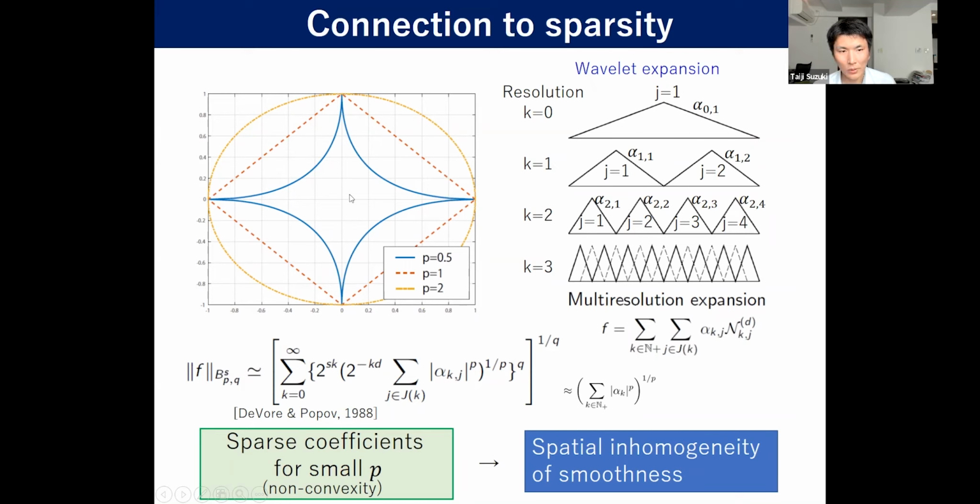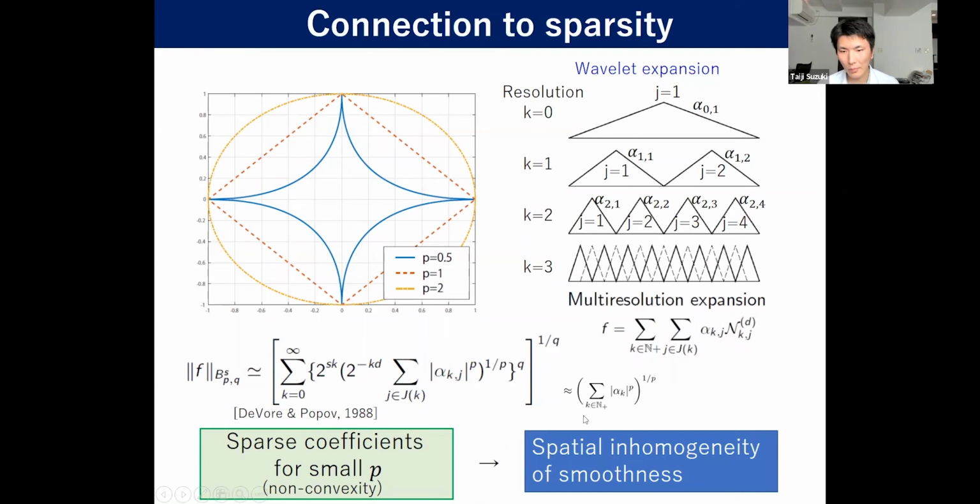On the other hand, if alpha 2 is large, then alpha 1 should be very close to 0. Therefore, if p is small and some coefficients are large, the other coefficients should be small. If one coefficient is large, the other should be near 0. So if p is small, sparsity appears.